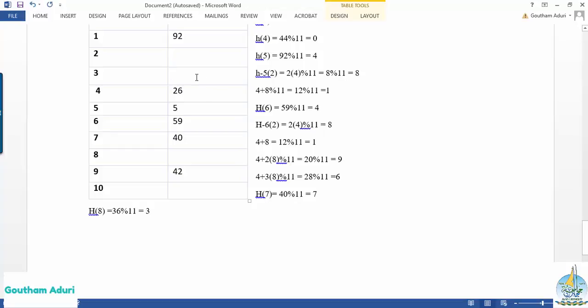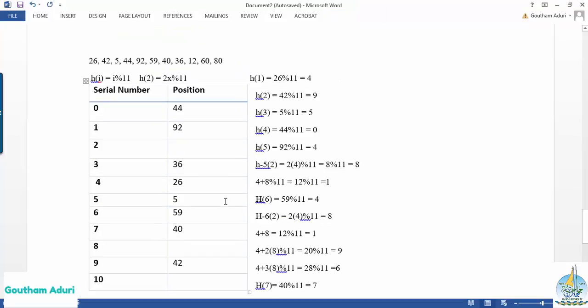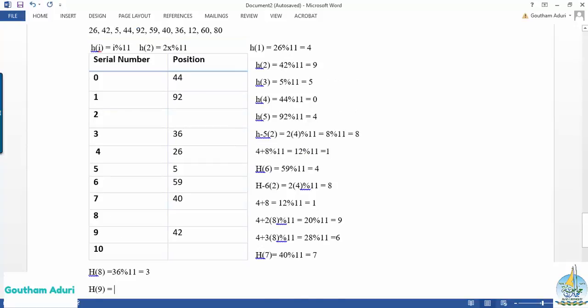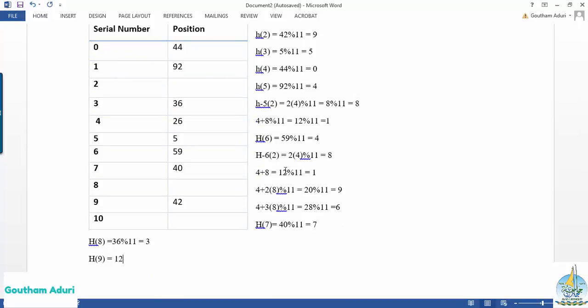So 36 is going to be in the third position. Next it's h of 9, which is 12 mod 11. So it's going to be 1, and then next one is getting a collision.